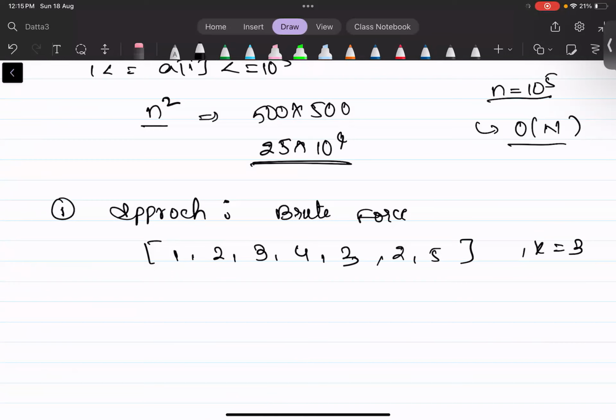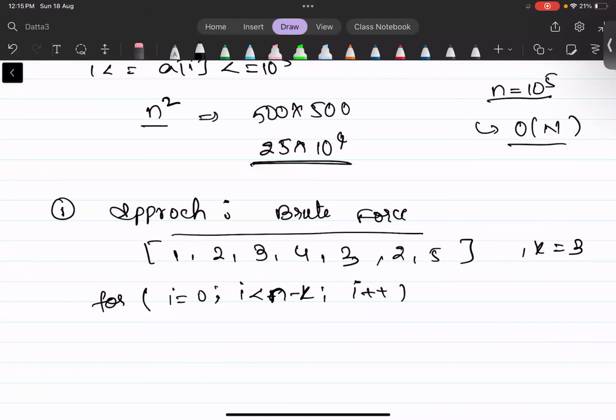The outer for loop starts from i equals 0, where I'm going to check each and every possible subarray. So I start with i equals 0, and i less than n minus k, because I need subarrays of size k, right? So I can't run more than this.